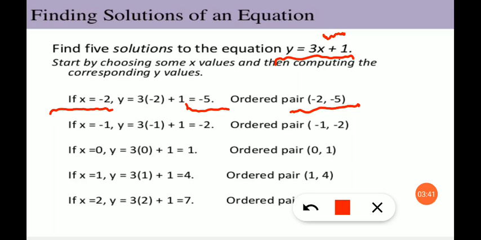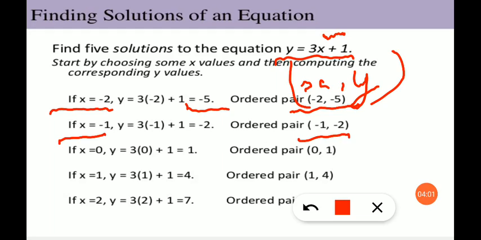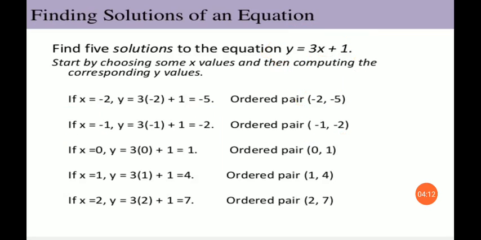Ordered pair means always the value of x comes first followed by the value of y. So here value of x is minus 2 and y is minus 5. So x comma y. Similarly, if we take x is equal to minus 1, we get another ordered pair (minus 1, minus 2) as its solution. In the same way, we can find infinite number of solutions for one given equation.